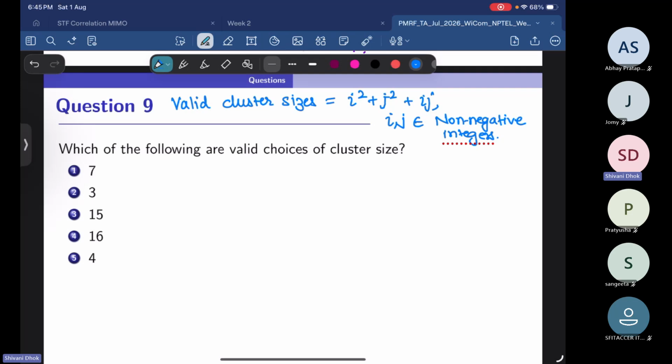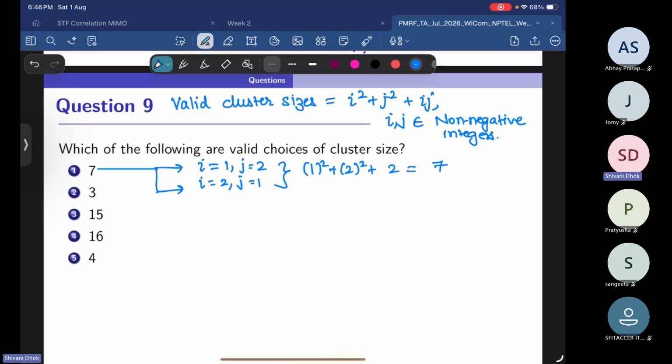So what turns out is 7, we know 7 is a valid cluster size, and we had seen two options for this. The first one is i equal to 1 and j equal to 2, and another was i equal to 2 and j equal to 1. For both of these choices, we'll have i square plus j square plus ij. So 1 plus 4, 5, 5 plus 2, 7.